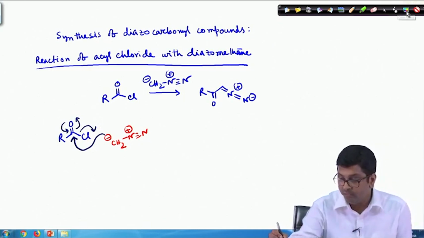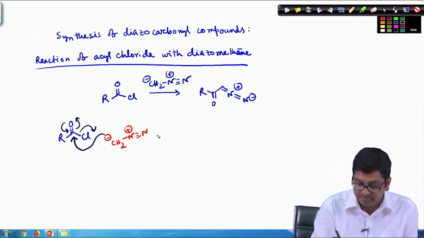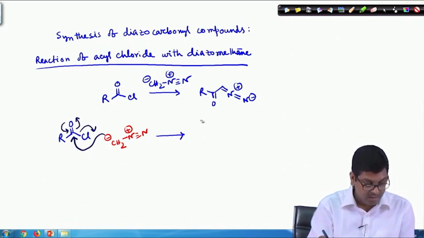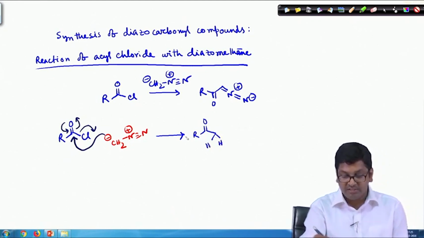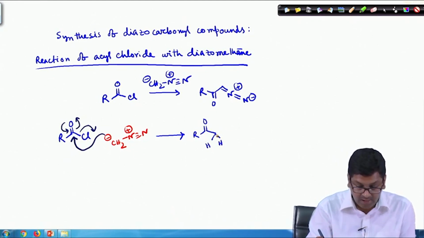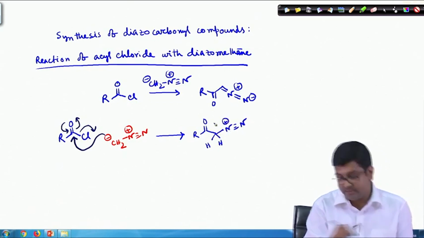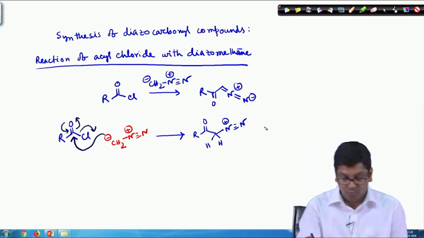So, what will it form? This will form RCO, just putting two hydrogens like this, CH2, and then the corresponding N2 plus.